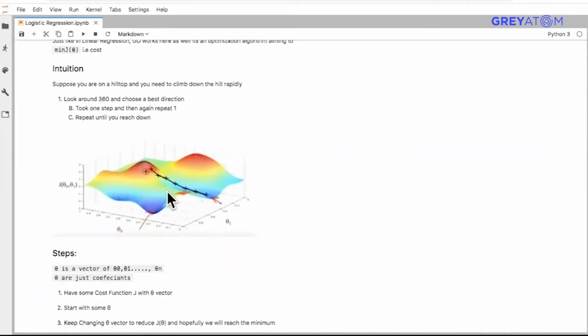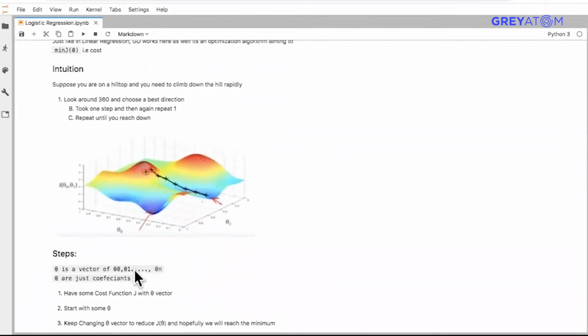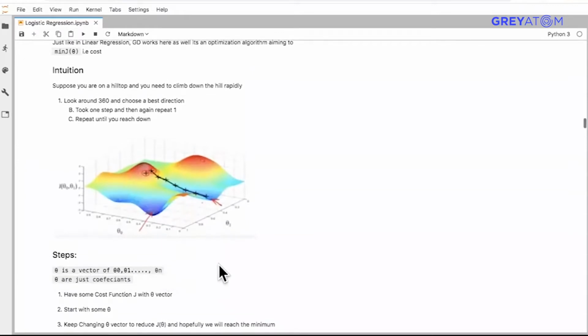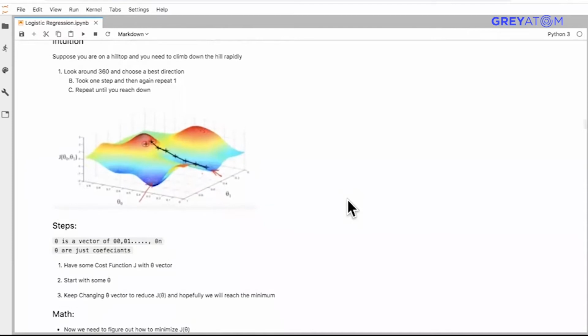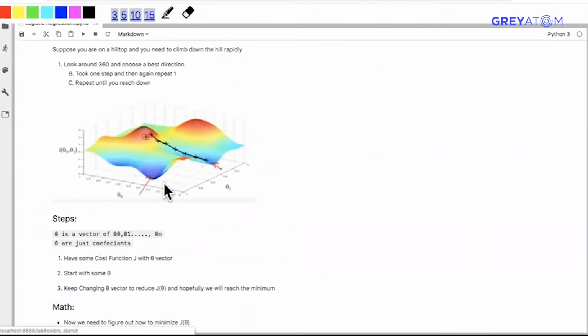Suppose this is a function I have, and theta is a vector of coefficients, like theta 0, theta 1, theta 2. It's a two-dimension graph here where we only have theta 0 and theta 1.